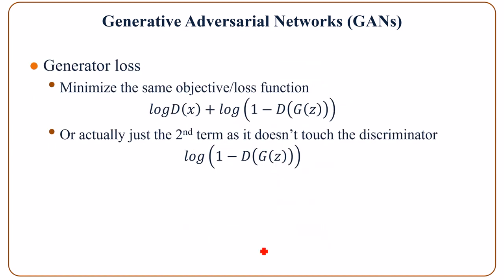Now we talked about the generator loss. Here we use the same objective or loss function, and we minimize the loss function, which means that it tries to make D(G(z)) be like 1. Another way of saying, try to cheat the discriminator that this is a real example. So we need to minimize this objective function.